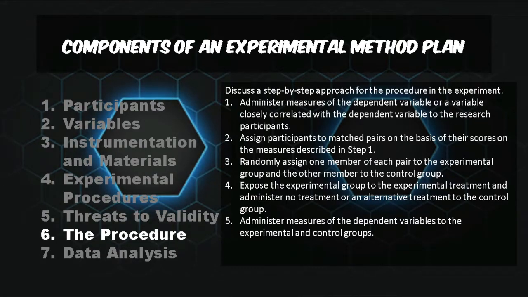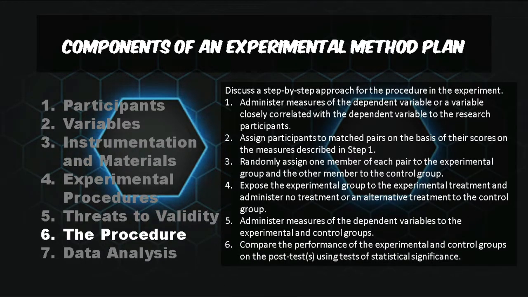And then administer measure of the dependent variable, and then administer a post-test or final measurement. That's a measurement after the exposure to the treatment, and then compare the performance of the experimental and the control groups on the post-tests using tests of statistical significance. This is just an example of how we should discuss the procedure.